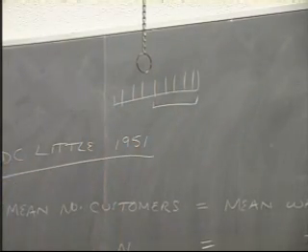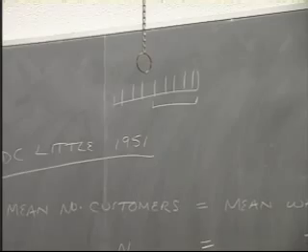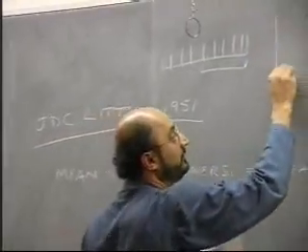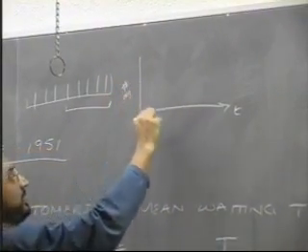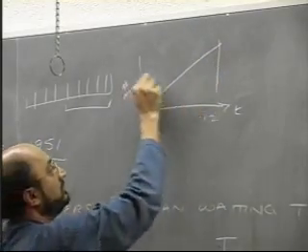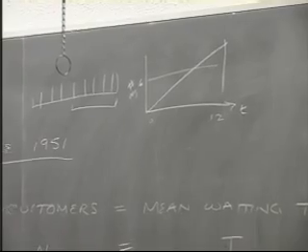I'm going to have 12 waiting for me, but the mean length of the queue is basically 6. If you draw it this way, this is time, this is number of messages, and it goes up linearly from 0 to 12. So the mean is obviously going to be 6.